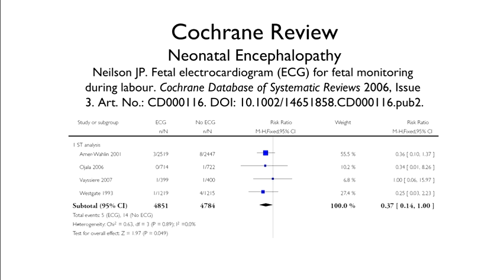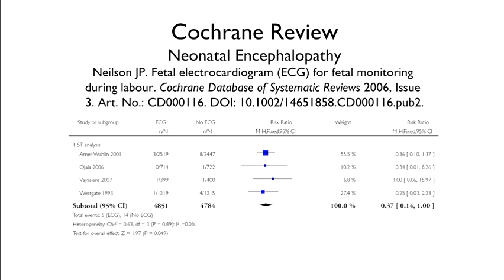Now in this Cochrane review, they looked, as I said, at the 4 randomized trials that were out by 2007. There is a 5th one, but even if you add that 5th one, the results will not change dramatically. Now this outcome here is neonatal encephalopathy, and if you look at the summary at the end, the last line, that would be the summary of these 4 trials, the meta-analysis.